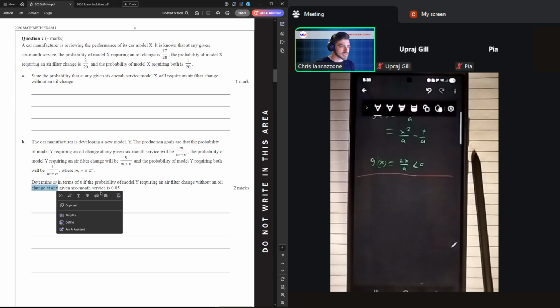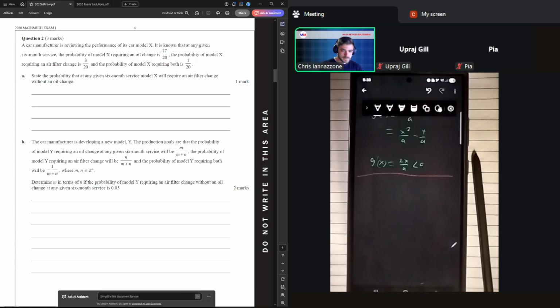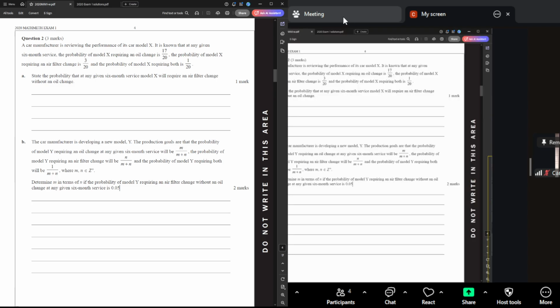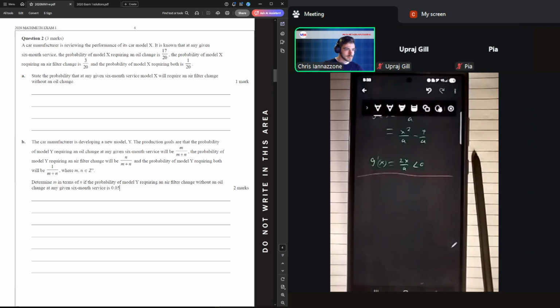Still the same target thing you're looking for, but you're told what the probability is. We're then going to rearrange that to get m in terms of n. It'll overall be the same sort of steps, but then you'll expand on it.